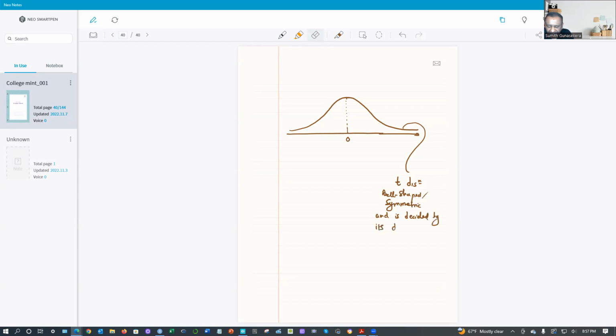Let's say, for example, 10 degrees of freedom. That's why they sometimes write the T with DF equals 10.